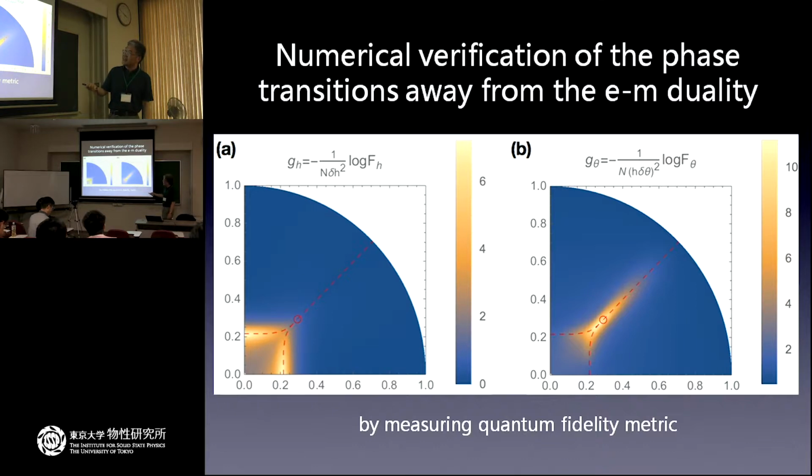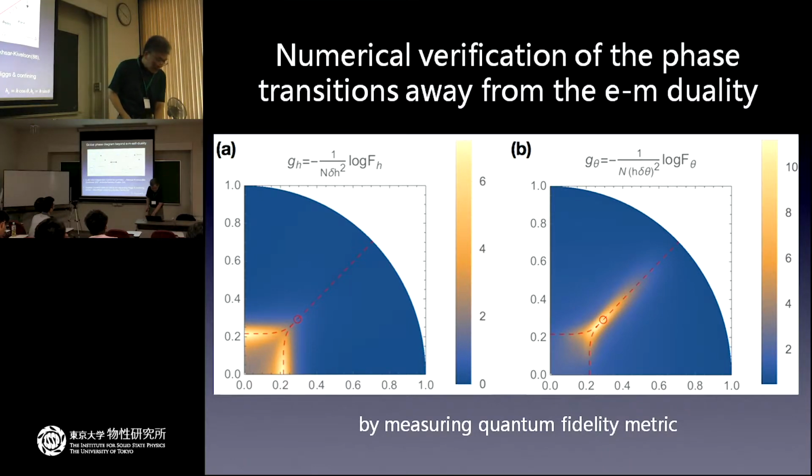We can determine the boundary of the continuum phase transition. These are two different fidelity susceptibilities, and they indicate there are two different Ising transition lines and this KT transition line here.